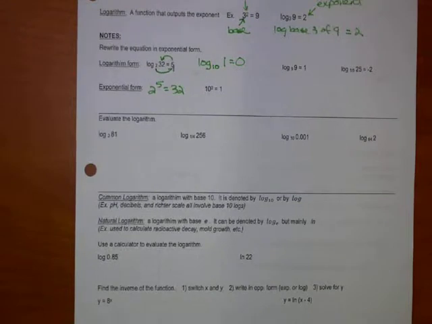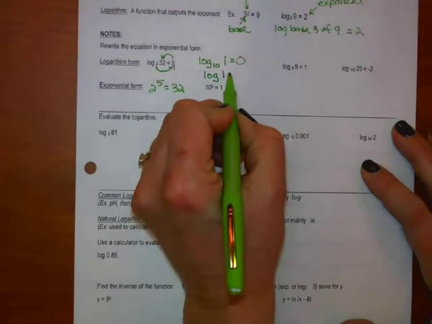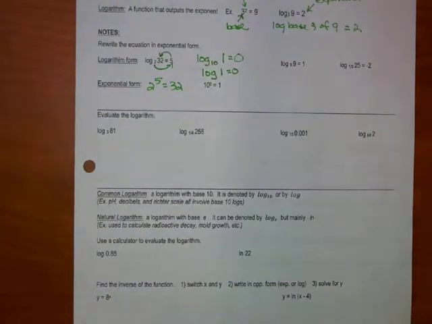You won't always see it written with the 10 because it's such a commonly used function that sometimes it'll just be written like this. Log of 1 equals 0. They won't even put the 10 in there. Same thing, okay? And that's what's on your calculator. Log base 10. So we'll get to that later.